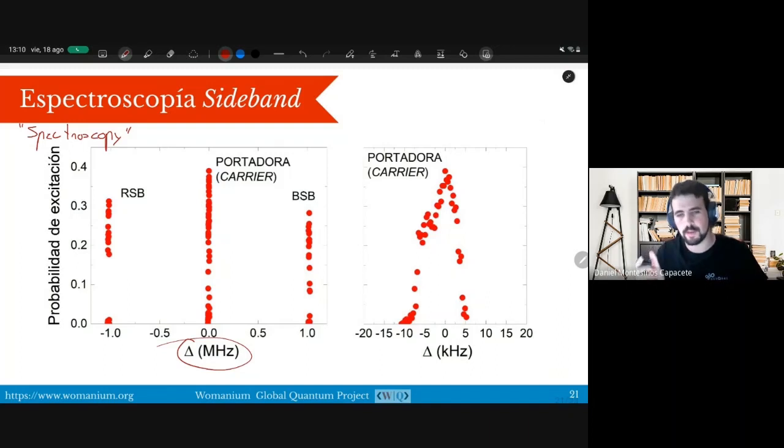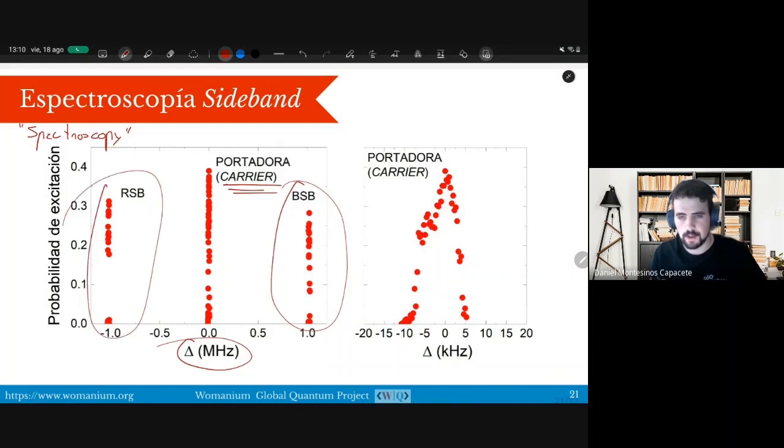So using the tuning, we try to find the carrier transition, right? That's a transition that we were discussing. And these are also the other lateral transitions that I have also discussed a little, when you have delta equal plus minus this frequency.